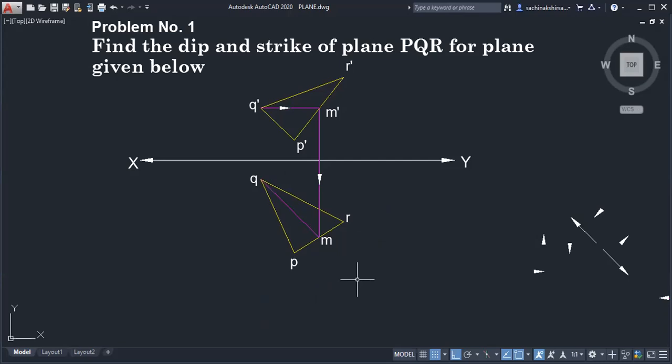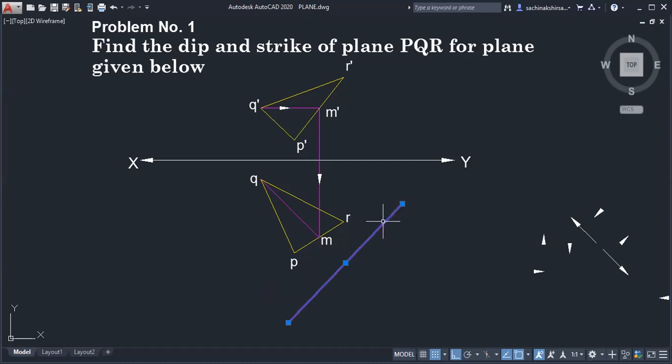So in this way I will draw it, perpendicular to QM, something like this. That will be our X1 Y1 reference line.